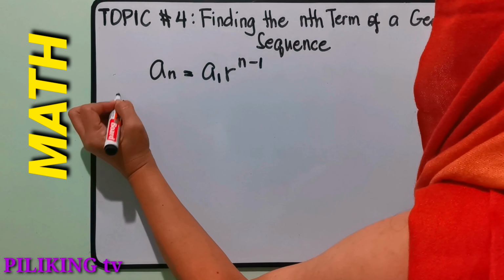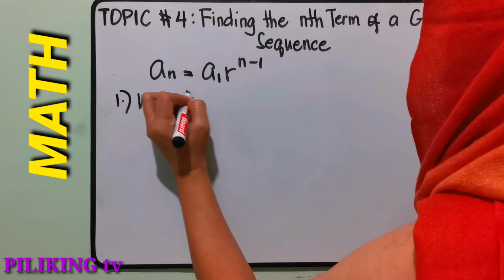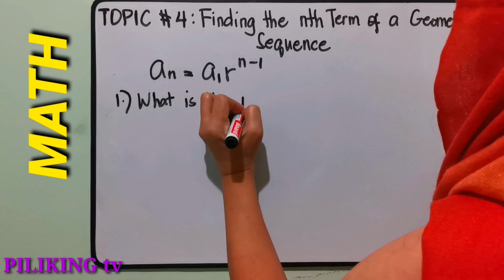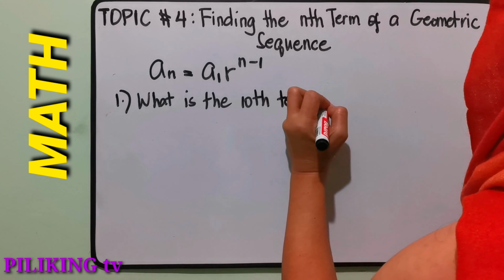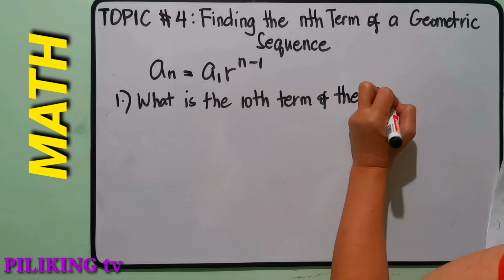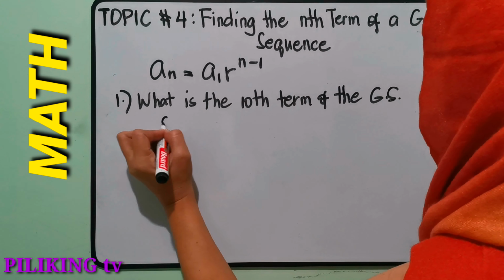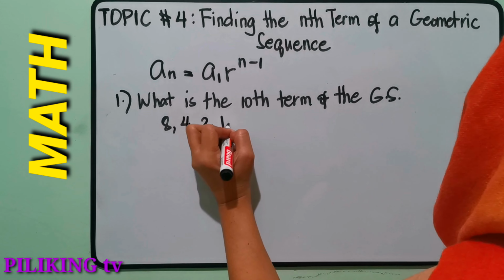Example number 1: what is the 10th term of the geometric sequence 8, 4, 2, 1?